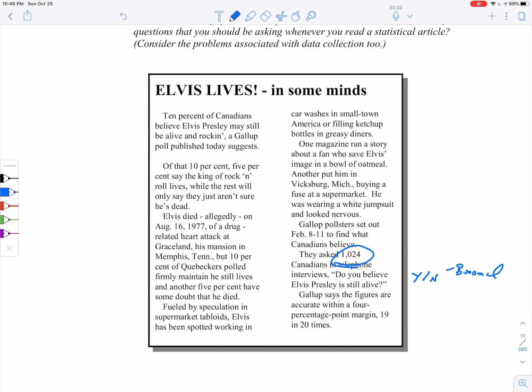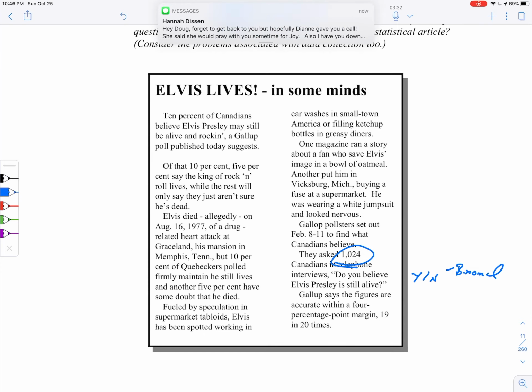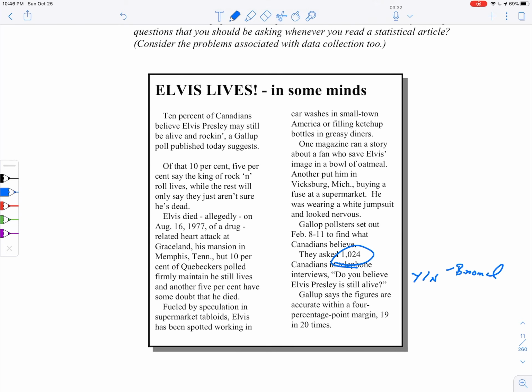Now, if it's a binomial problem, we would say that the properties of a binomial distribution must hold. And so that means then that each trial is identical. And so in our particular case then, we're talking about n equals 1,024 people. Now you might look at that and say, well, people aren't identical.